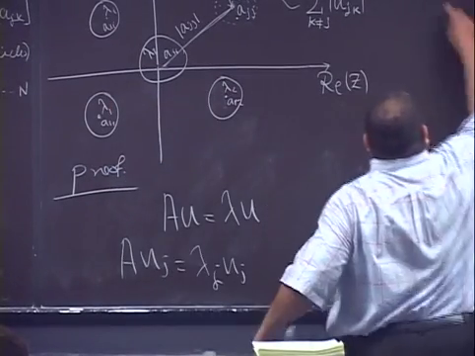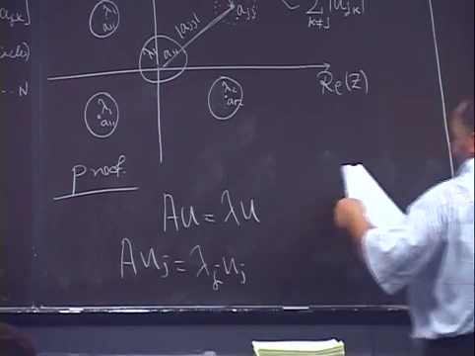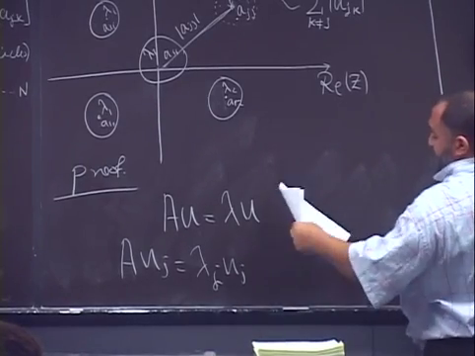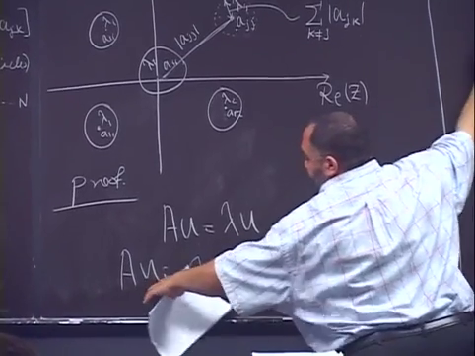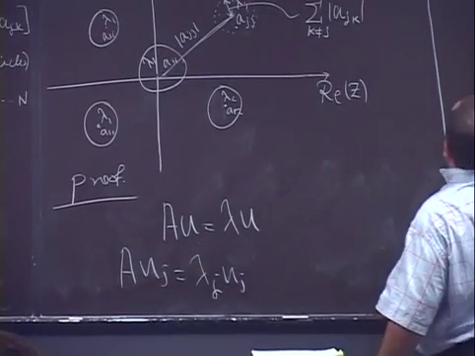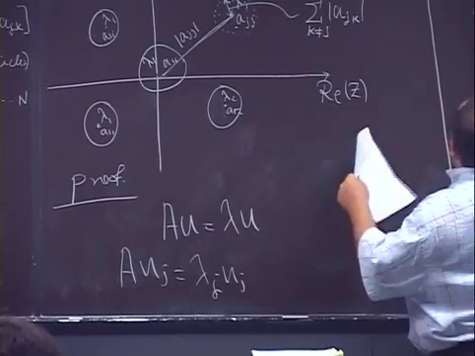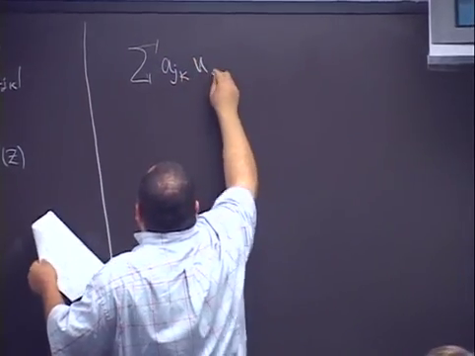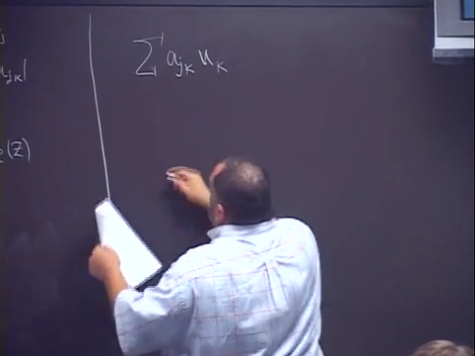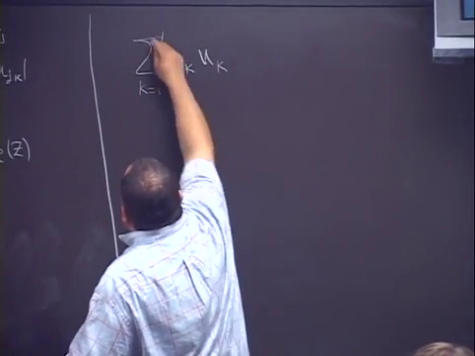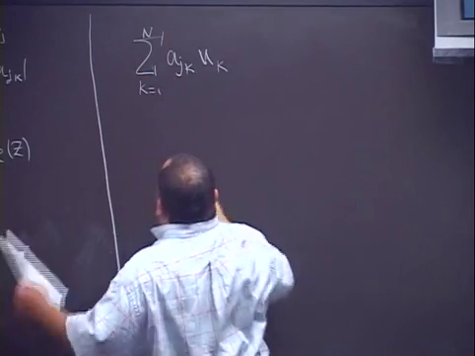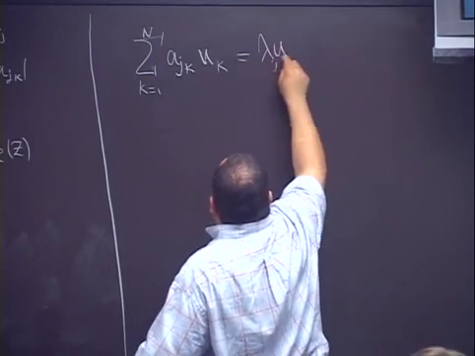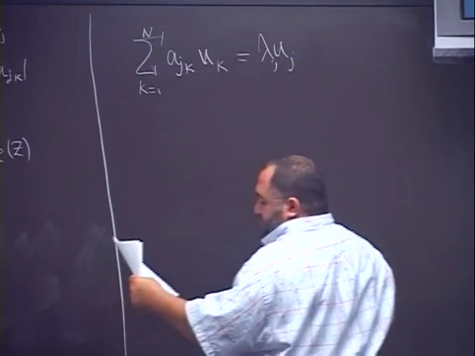And A Uj is nothing more than the summation of A jk multiplied by uk, where k goes from 1 up to n, and this is equal to lambda j uj.